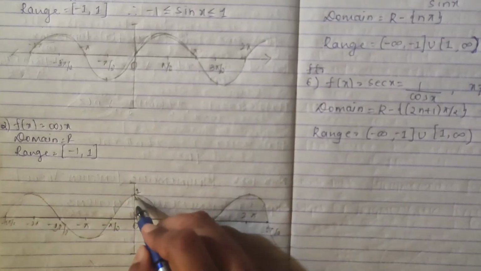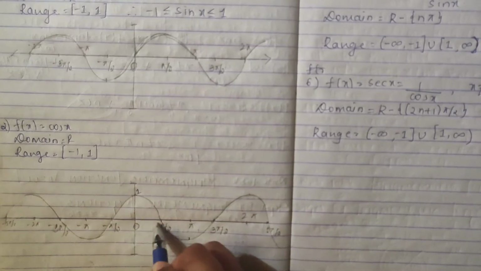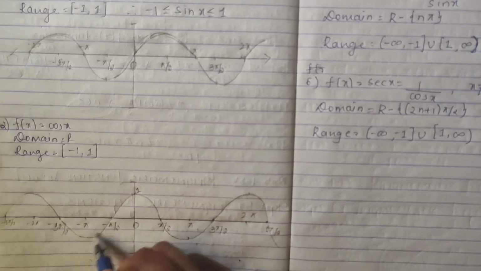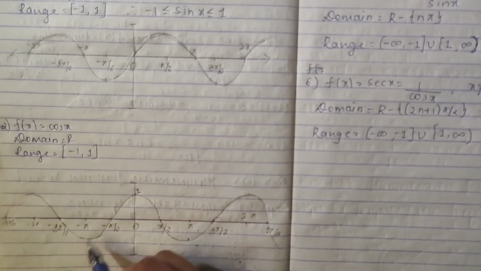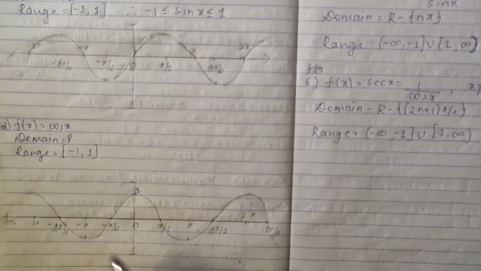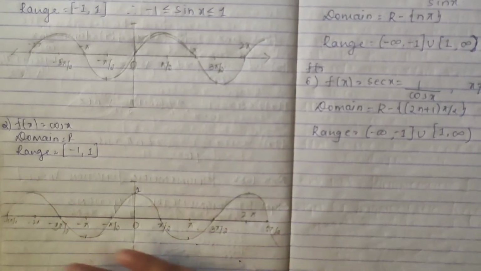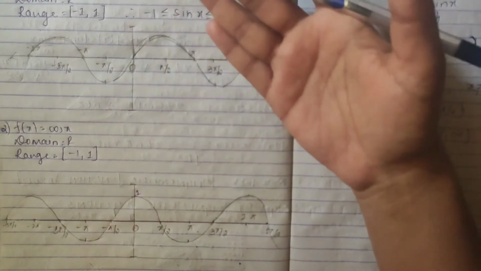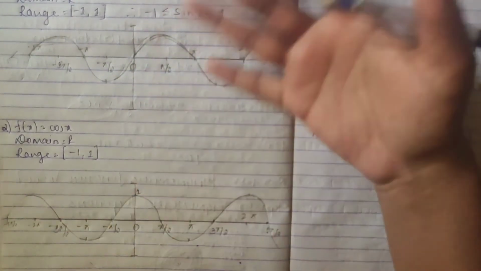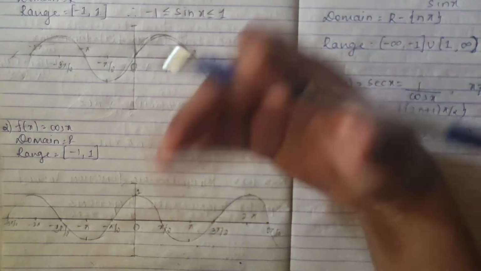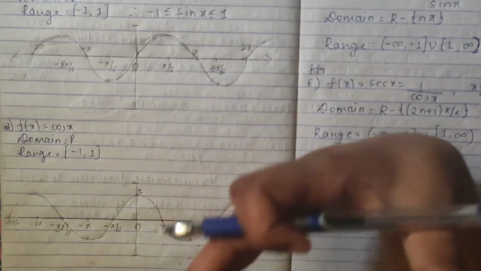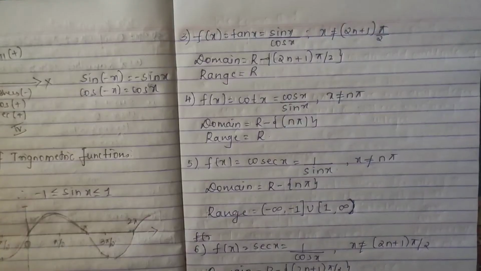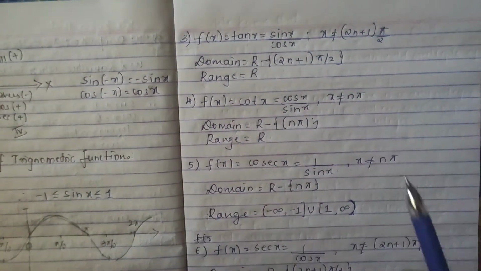Same on the negative side: at minus pi by 2 it will be 0, at minus 3 pi by 2 it will be 0, at minus pi it will be -1. So like this it will be. Your sine and cos graphs are just opposite of each other, and the range is the same, from -1 to 1. For tan x and the others, I'll not show you the graph.